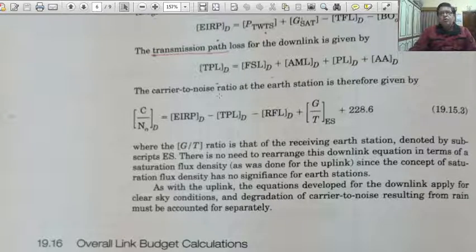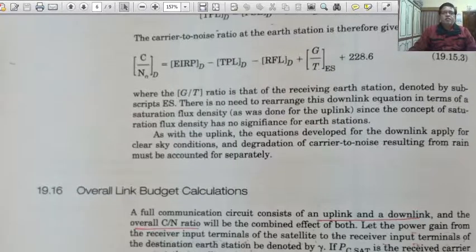The carrier to noise ratio at the earth station is therefore given by C upon N0 equal to EIRPD minus TPLD minus RFLD plus Z upon T of ES plus 2 to 8.6, where the Z upon T ratio is that of the receiving earth station denoted by subscripts ES.